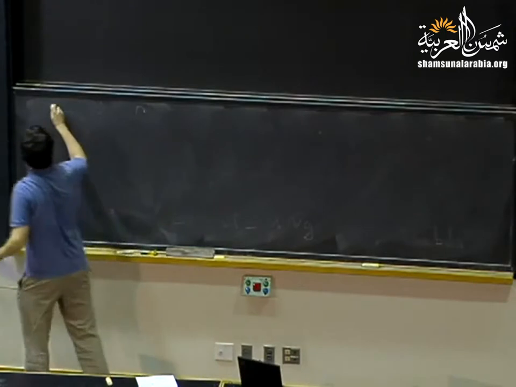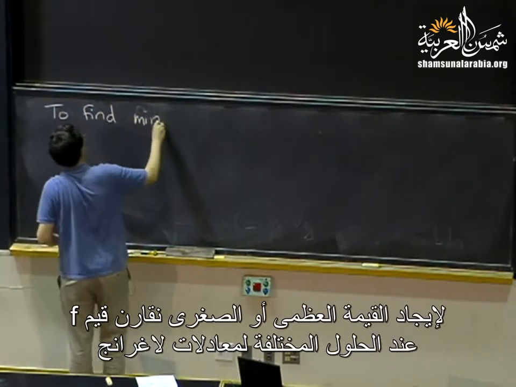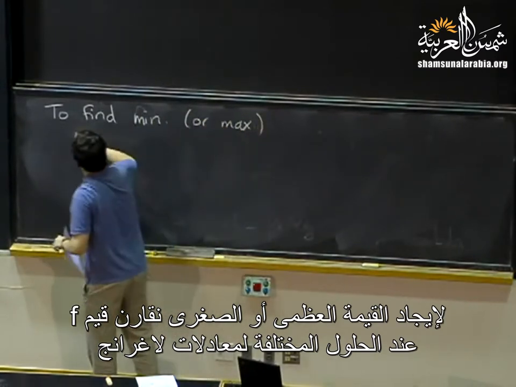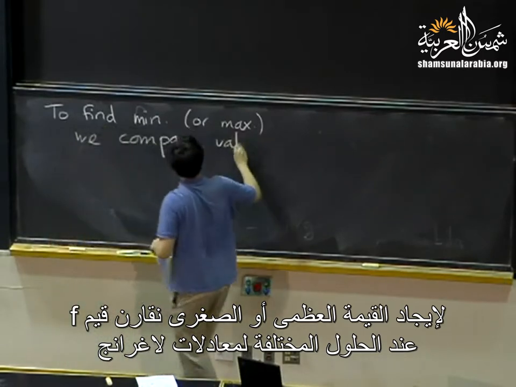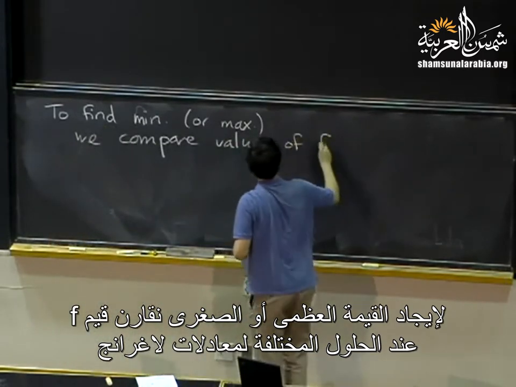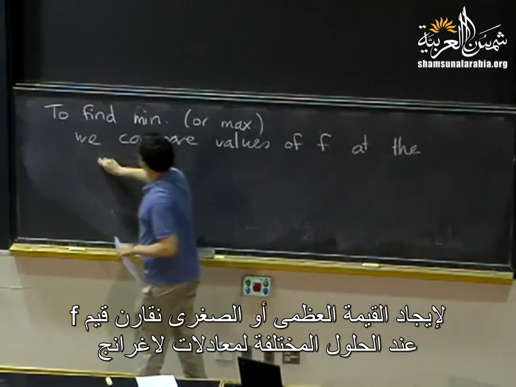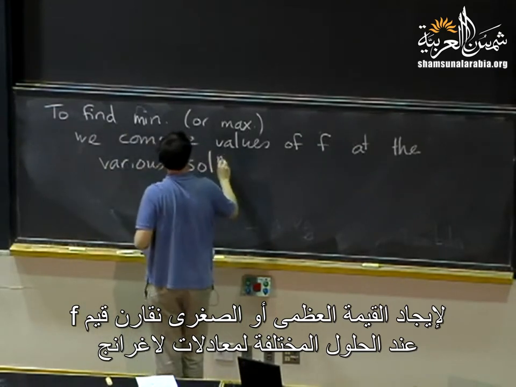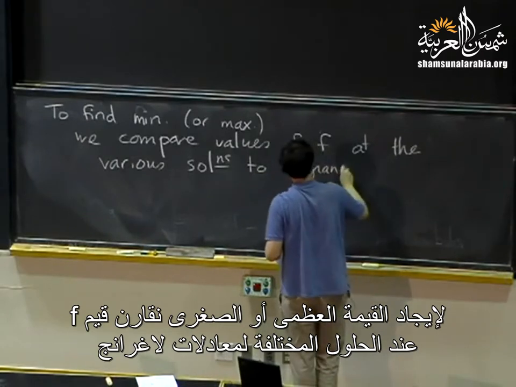So to find the minimum or the maximum, we compare the values of f at the various solutions to the Lagrange multiplier equations, to the Lagrange equations.